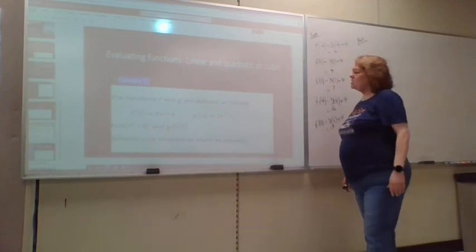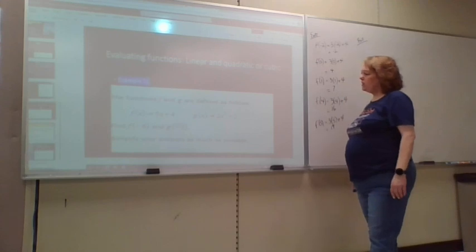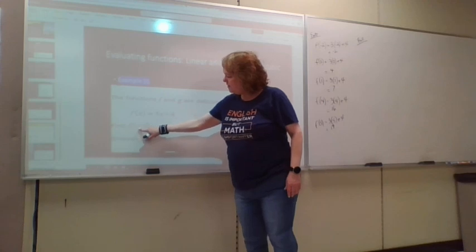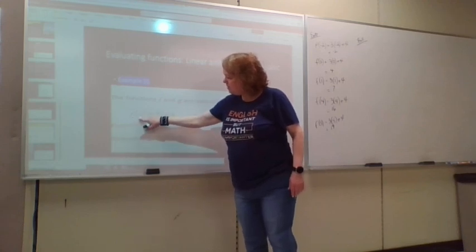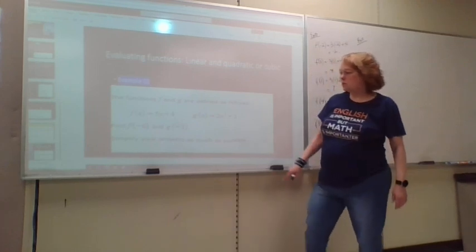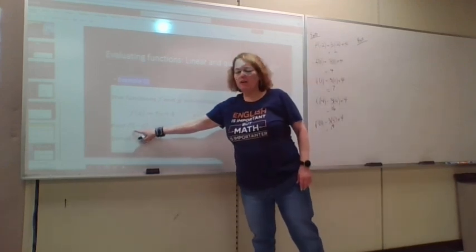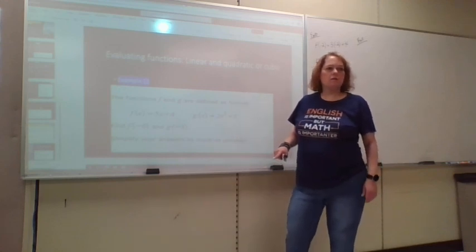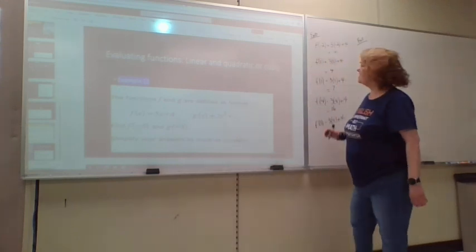Okay, functions f and g are defined as follows. So if I have f of -6, am I going to use the f function or the g function? The f, yes.